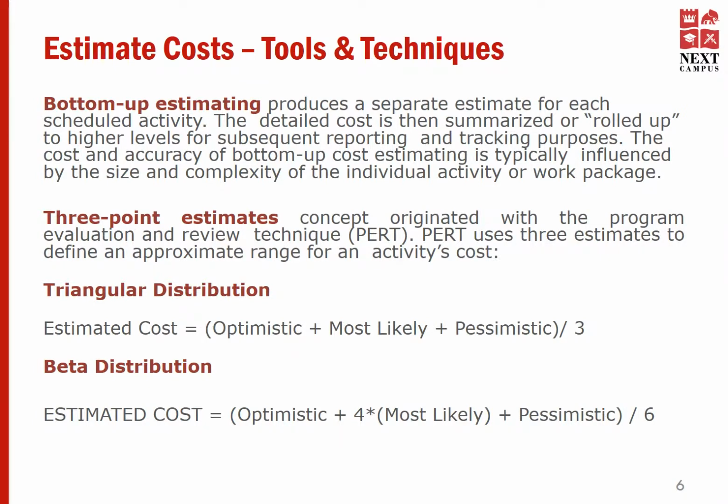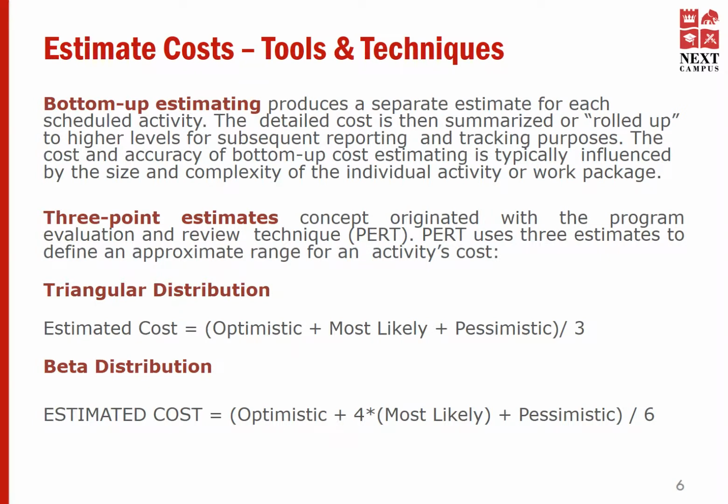Depending on the assumed distribution of values within the range of the 3 estimates, the expected cost can be calculated using a formula. 2 commonly used formulas are triangular and beta distributions. The formulas are: triangular distribution, estimated cost equals optimistic, most likely, and pessimistic estimates divided by 3.